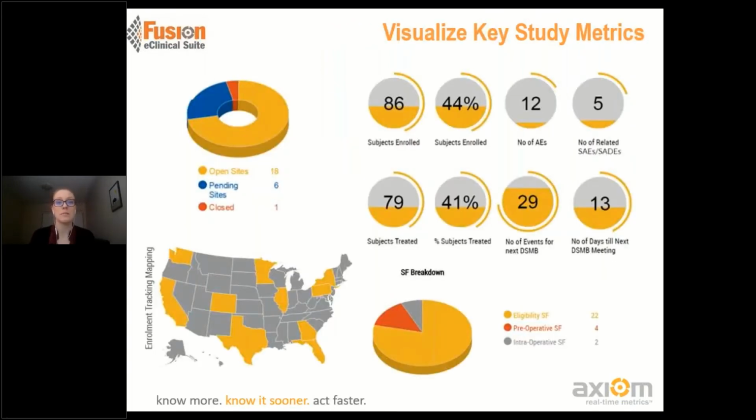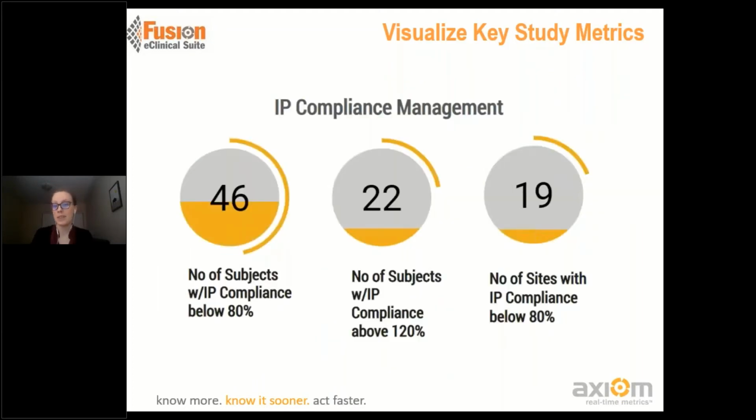Here you can see some different ways that you can visualize your key study metrics, monitoring enrollment progress, and tracking how close you are to those key milestones. Another one that we can't get away with, of course, is IP compliance and being able to track and reach out and retrain the patients as required.